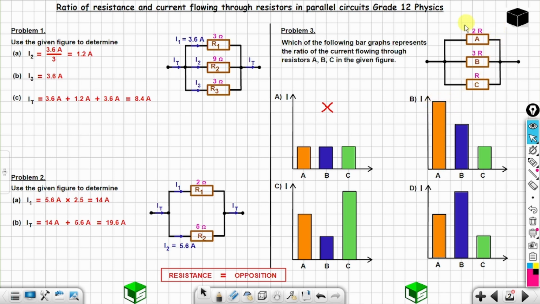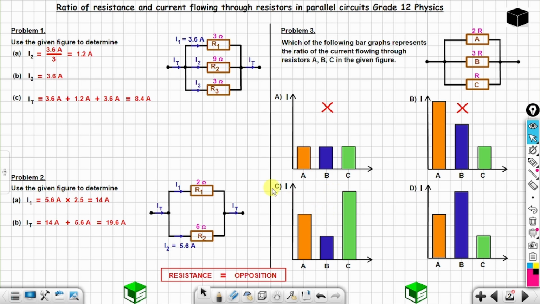When you look at the given figure, C is the smallest resistor, so it's going to have the highest current. C must have the highest current, so this bar graph does not represent the ratio of current flowing through the resistors.